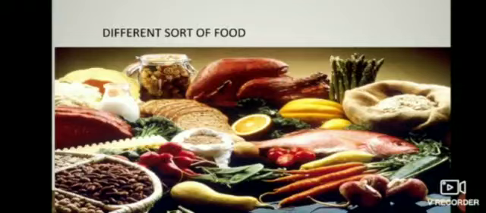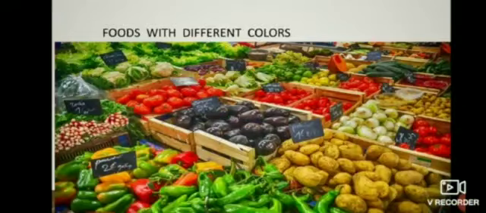You can say that they are differing in their shape, size, and then texture, and then its taste. So mainly its taste is different. Now you're seeing here foods with different colors: green, red, purple, brown, violet, black, yellow, like that. Many colors.